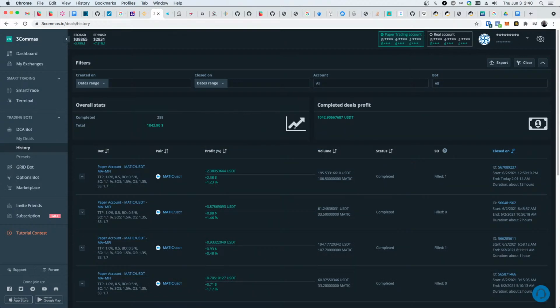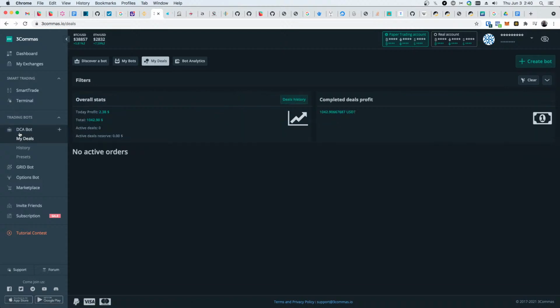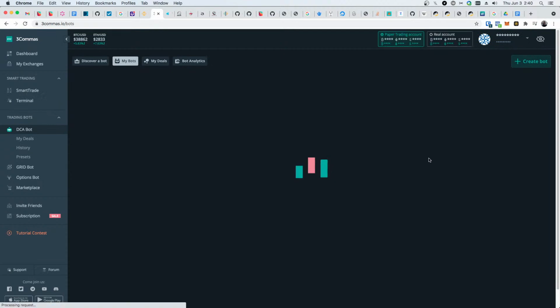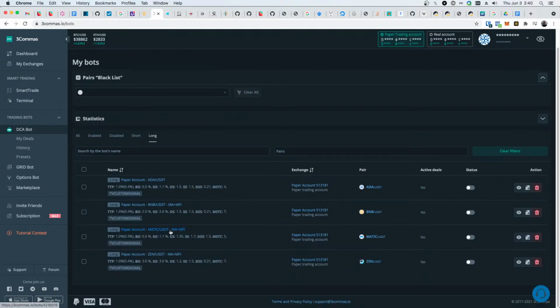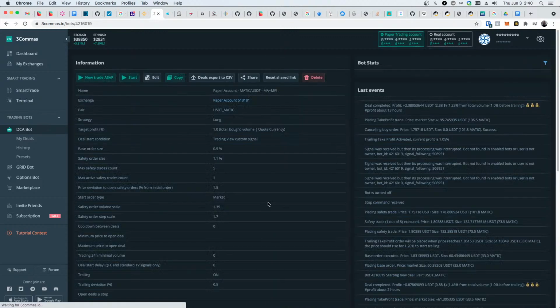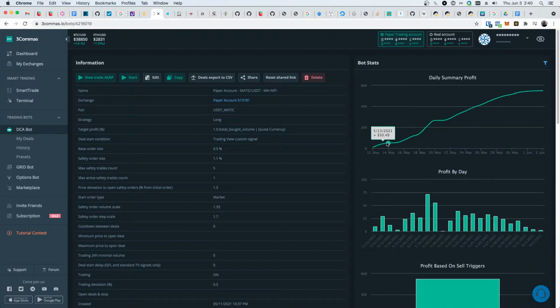I thought I had a graph here, folks, that showed you the nice up and up and up and up. Yeah, right there. Because you're dollar cost averaging. This, again, only works on bull run coins and when we're in a crazy bull run.